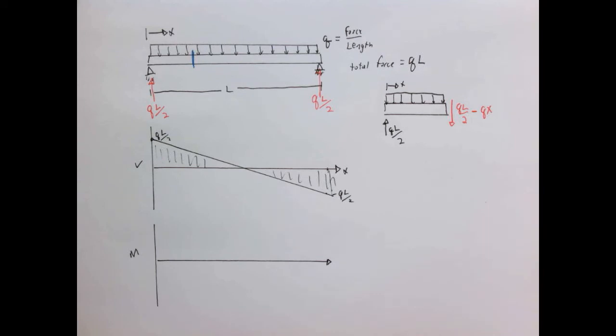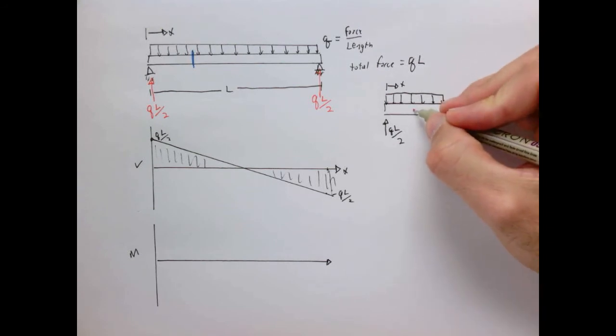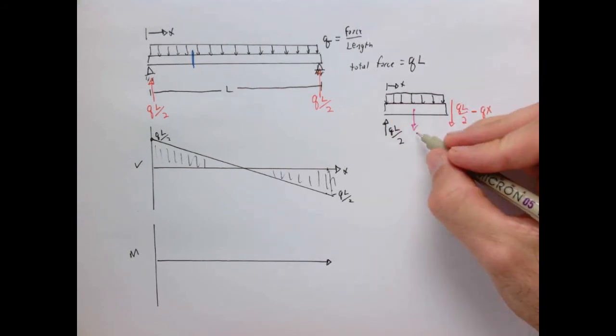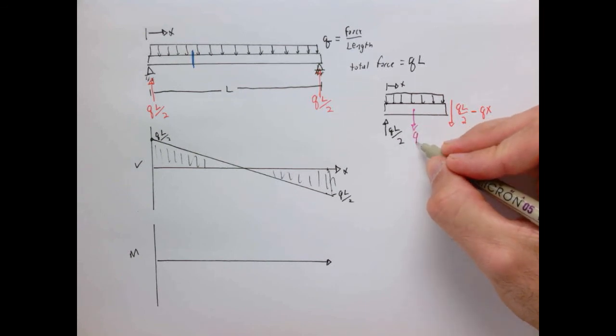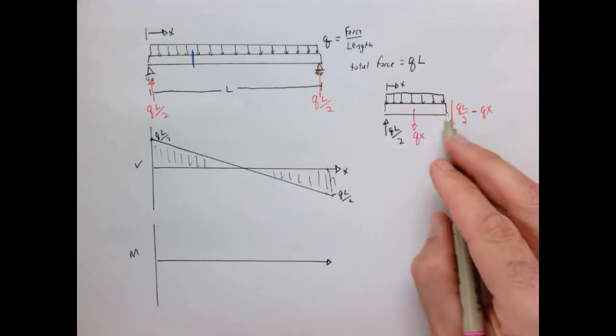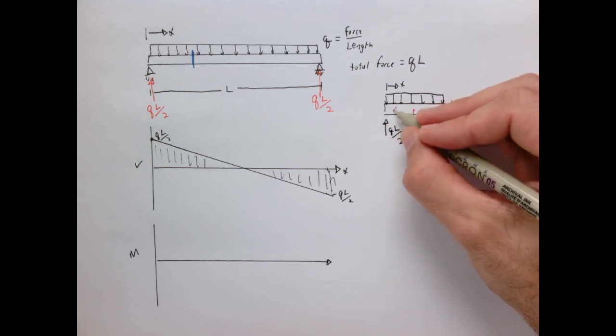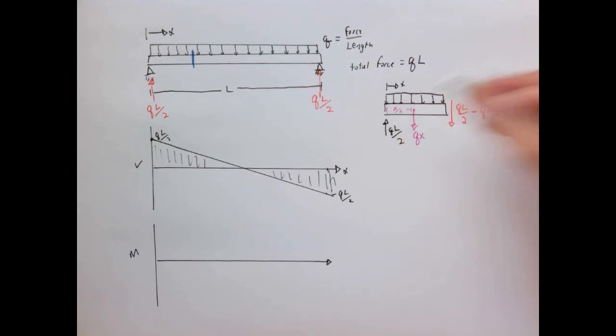Well, the way we can figure out the moment is, if we think about it, this distributed load is equivalent, in terms of a moment, to a force with a magnitude Qx acting at its centroid, so at a location x over 2. Those are the two contributions to the moment.